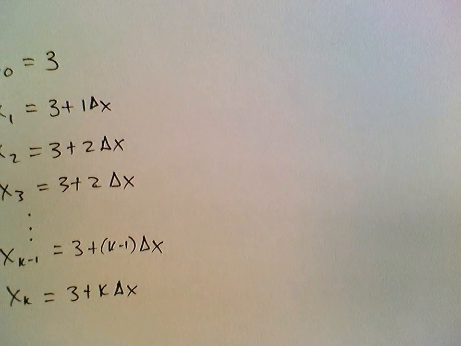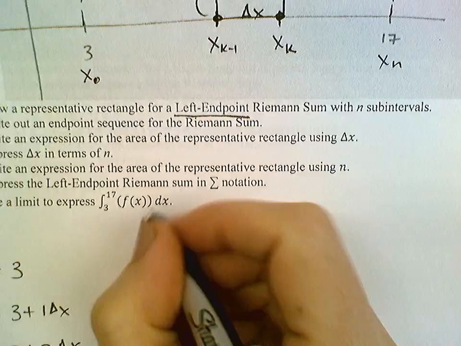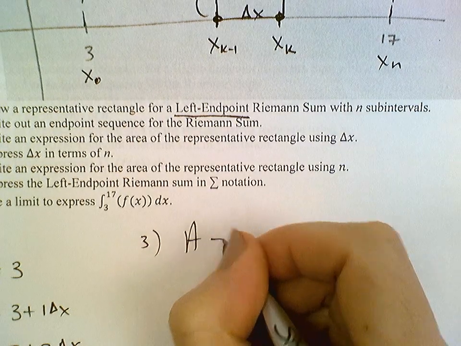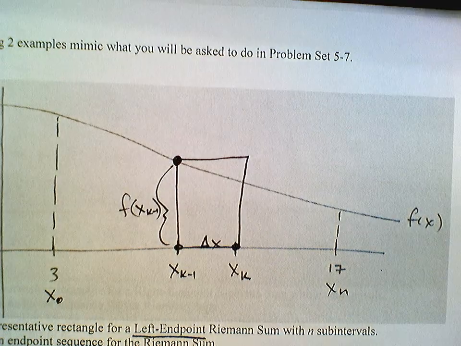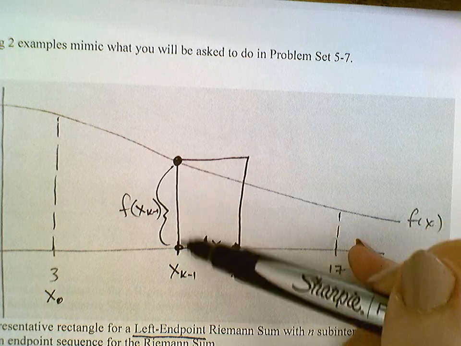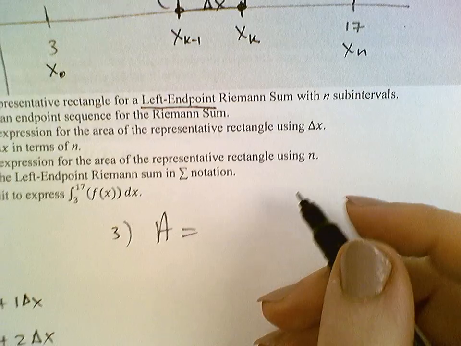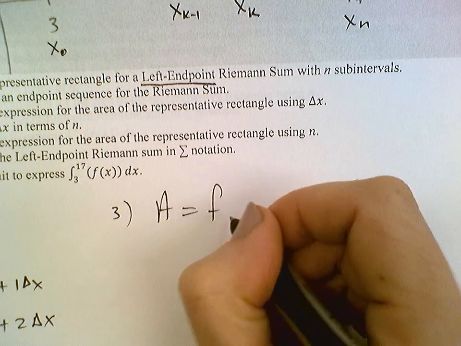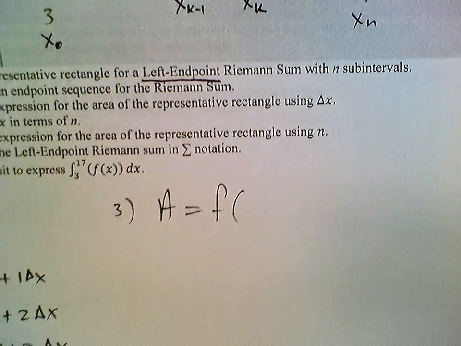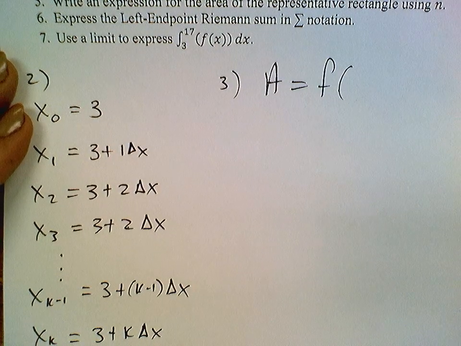Now number 3, write an expression for the area of the representative rectangle using delta x. Usually we write area as base times height, but it really doesn't matter the order of multiplication. So we're going to go height times base, because that's how it always appears in the formula that we're trying to understand. So the height is f of, and we want to write it using delta x's wherever we can.